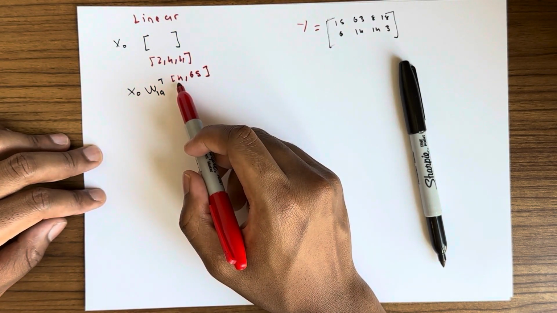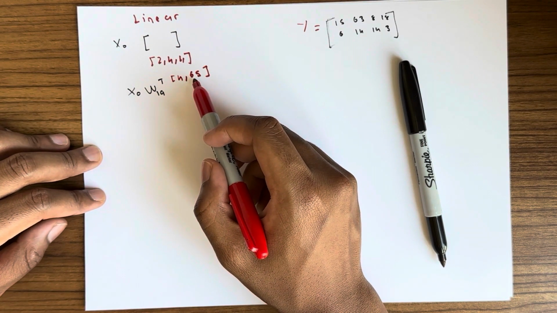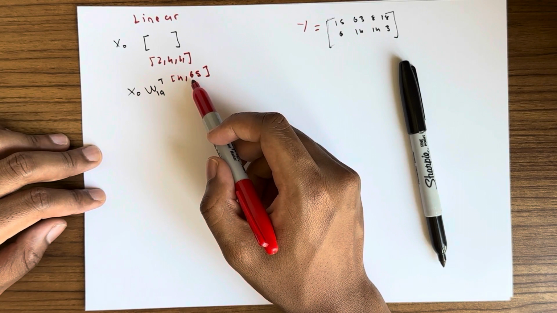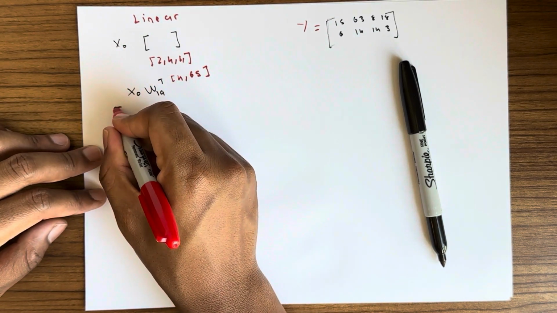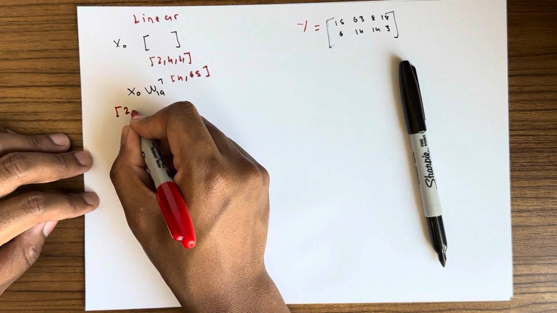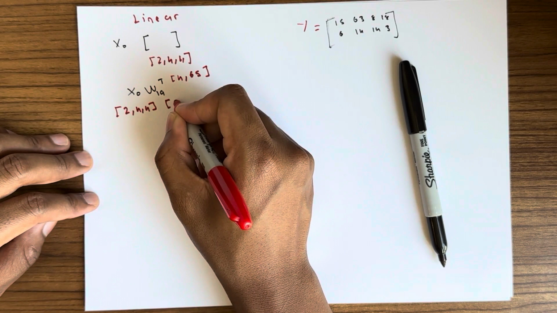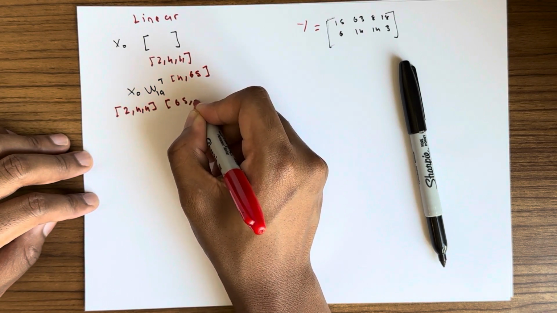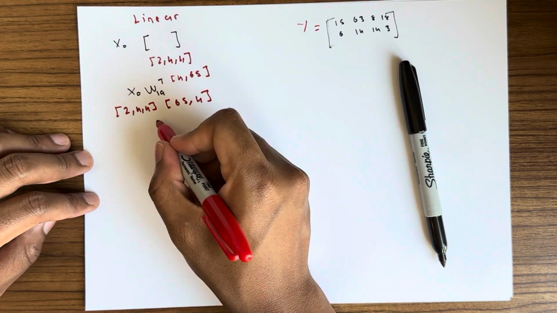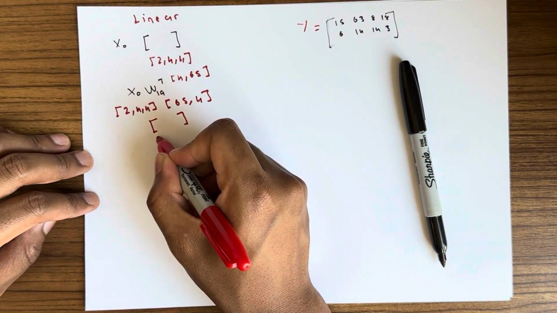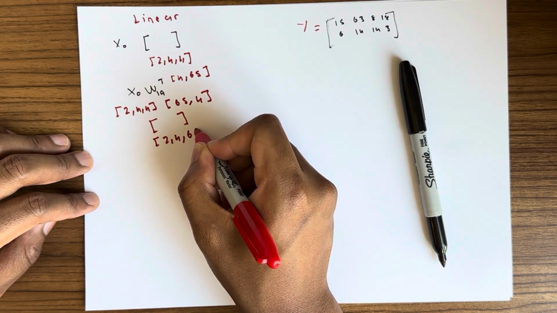This 4 is the embedding dimension and 65 is the size of our vocabulary. So X output is 2 by 4 by 4. Transpose of W19 is a tensor of dimension 65 by 4. And when we multiply, we'll end up with a tensor of dimension 2 by 4 by 65.